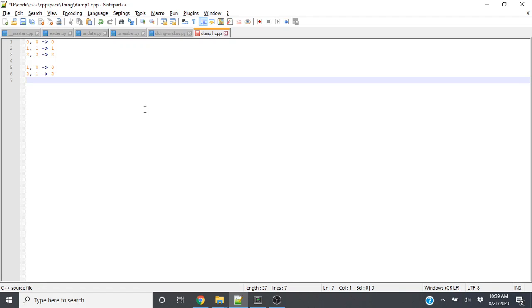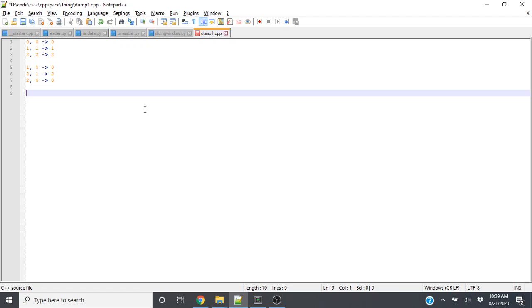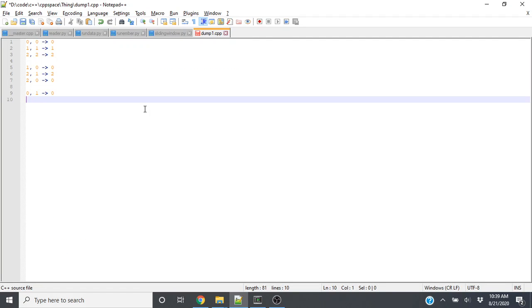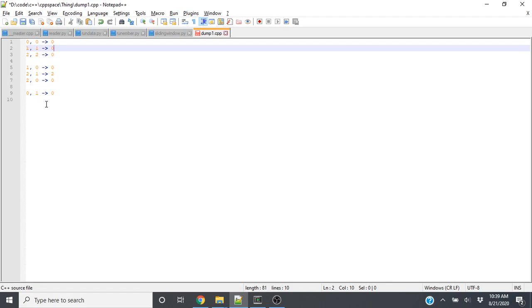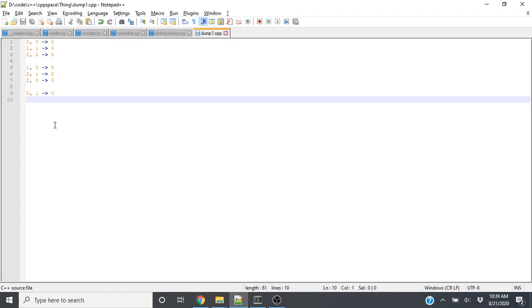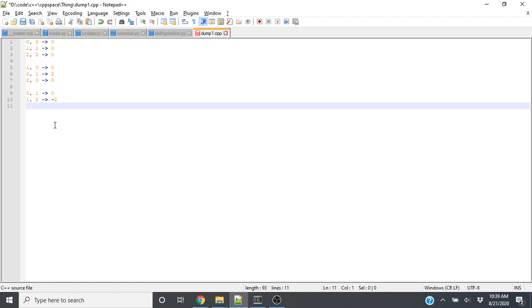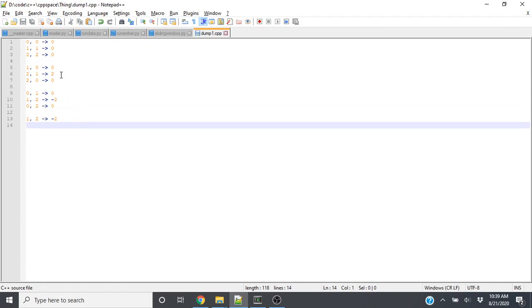Wait. 2, 0, 0. Then these are the ones that will be negative. So we have 0, 1, 0. No, wait, sorry. These are all 0 because it's 0 if they're equal. So 0, 1, 0. Then 1, 2, negative 2. Then 0, 2, 0. So basically it's only these that we care about.